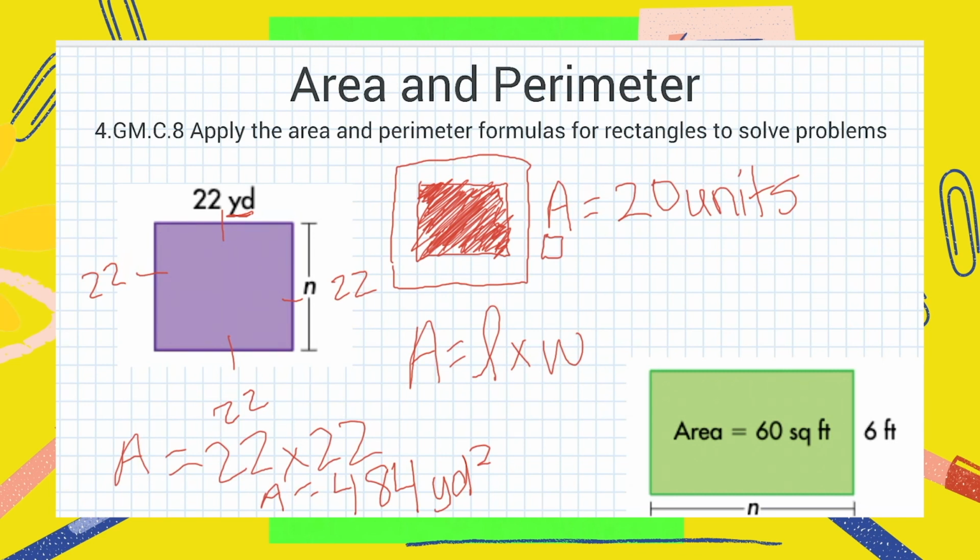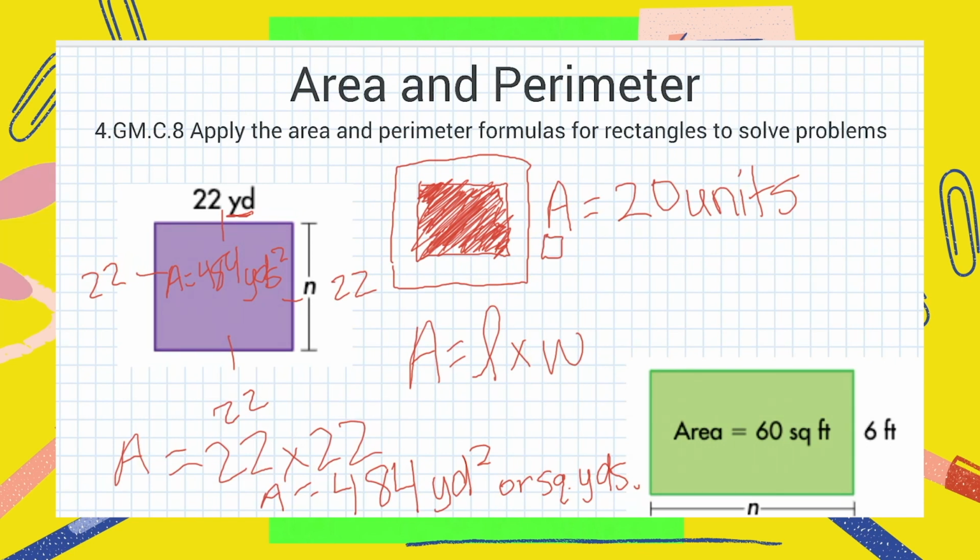You can also write that as square yards. So this shape here has an area of 484 yards squared. So that means that there are 484 tiny square yards covering this entire figure.